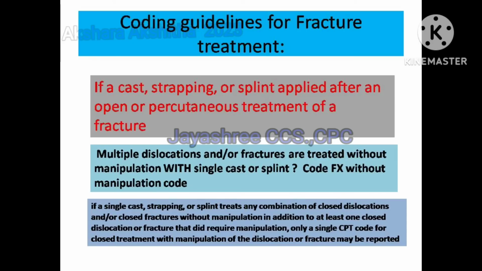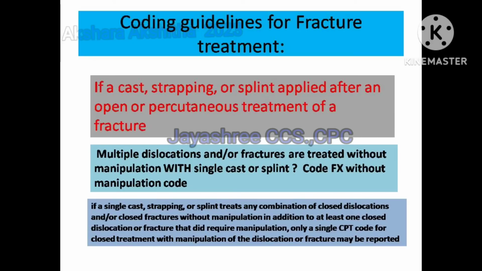Additionally, if the single cast, strapping or splint treats multiple fractures without manipulation in addition to one or more fractures with manipulation, so one fracture is without manipulation and one fracture is with manipulation, the closed fracture without manipulation CPT code shall not be reported separately.